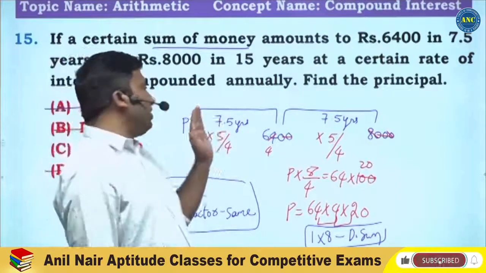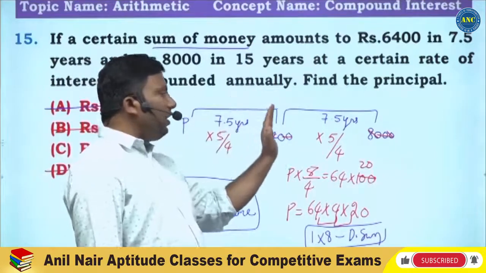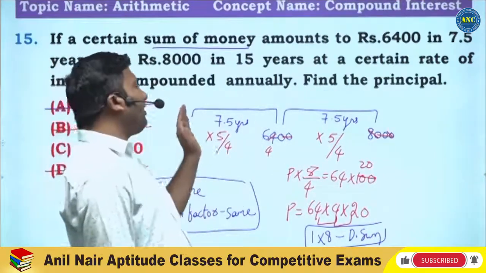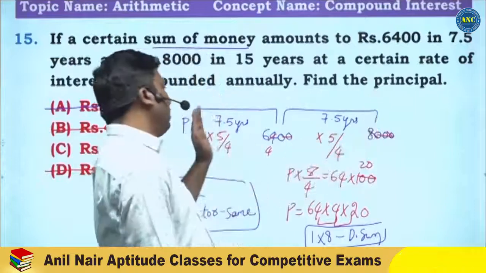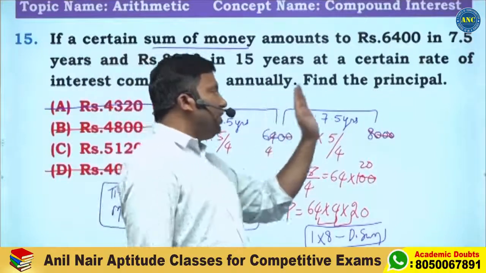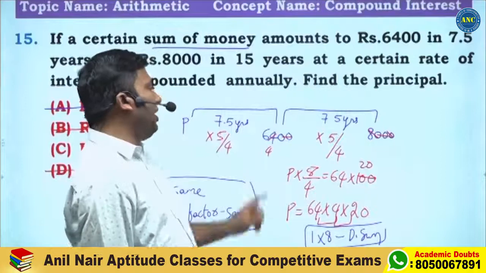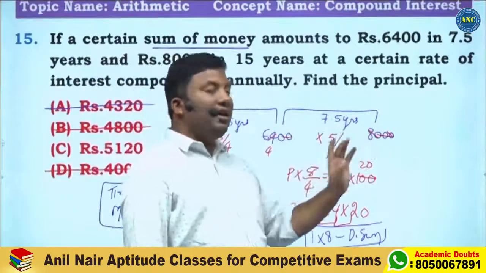The catch in this question is, after 7.5 years it is given, and after 15 years it is given. So if this is 7.5, this also will be another 7.5. 6,400 is becoming 8,000.